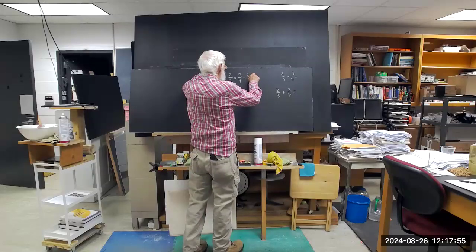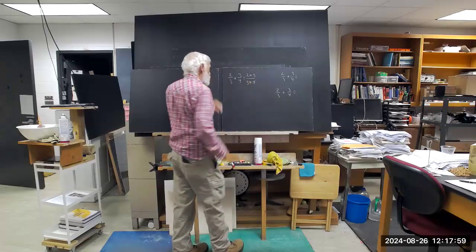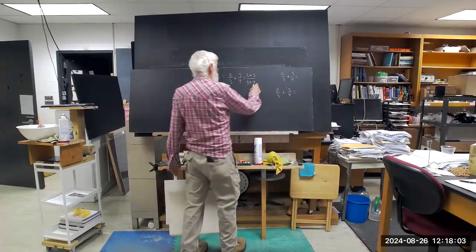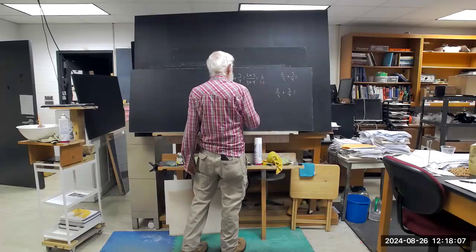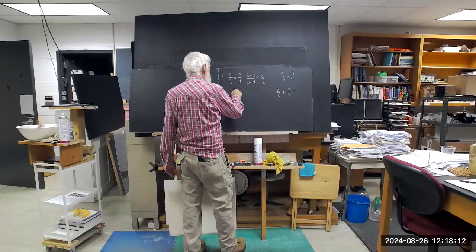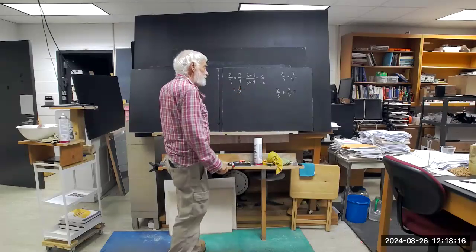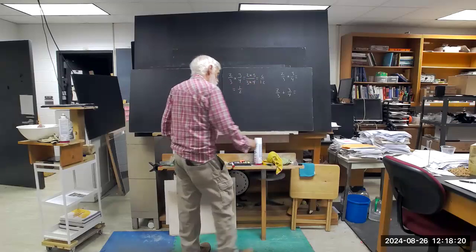This is 2 times 3 divided by 3 times 4, and that's 6 over 12. And of course, 6 over 12 reduces down to 1/2. You just divide the numerator by 6 and the denominator by 6.